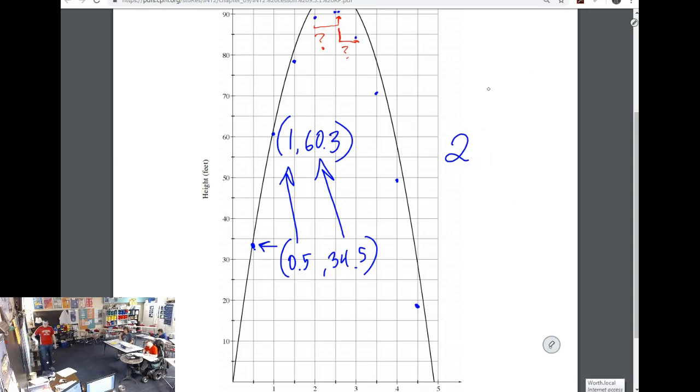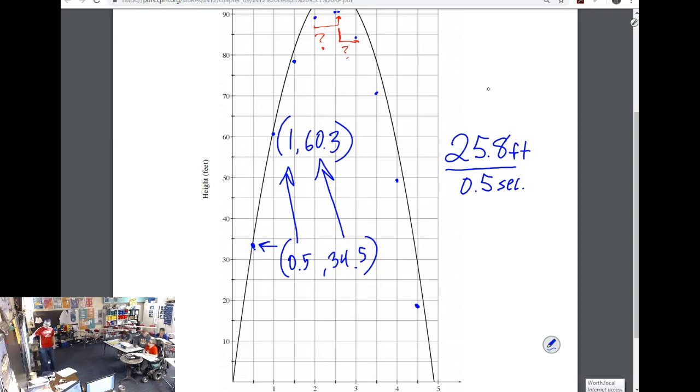So we've got 25.8? Or is it 26.8? I think it's 25.8. Oh, yeah, and then you have to multiply it by 2, because of the data that we have.